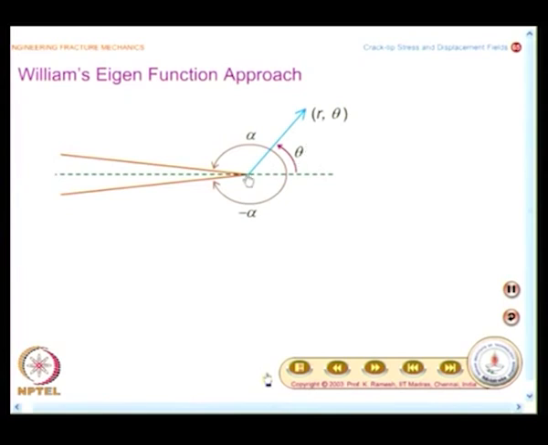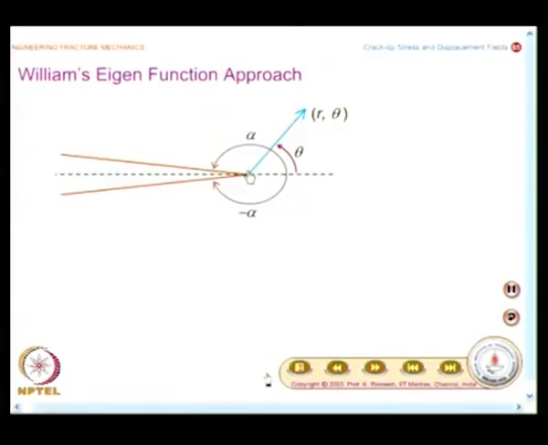In fact, he considered a wedge like this, whose surfaces are free and it had a remote loading. Suppose I look at the wedge in such a manner, I make the angle as large as possible. When I make alpha equal to 180 degrees and minus alpha equal to minus 180 degrees, it becomes a crack.